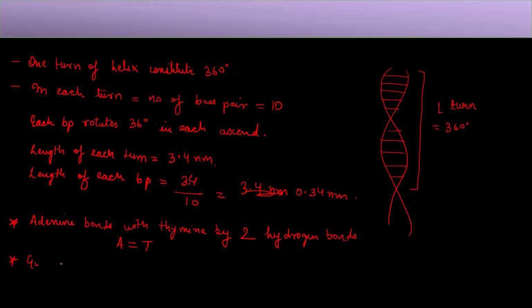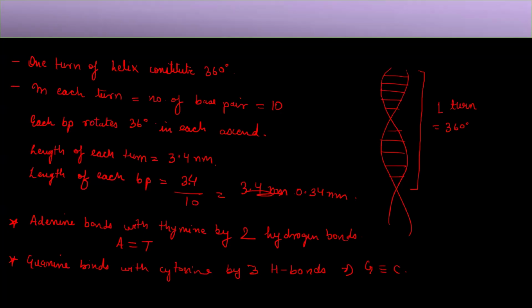While guanine binds with cytosine by 3 hydrogen bonds. Okay, so it will be represented by guanine cytosine. So if someone asks that we have two DNA, one DNA has high GC content, like high guanine and cytosine, while another has high adenine to thymine content, then which will be more stable?